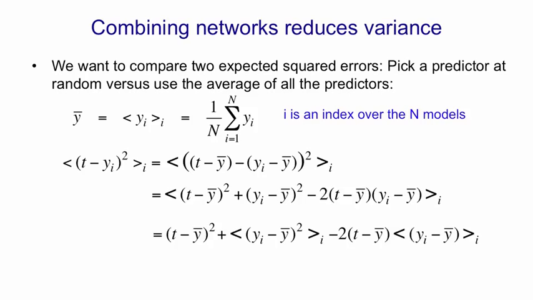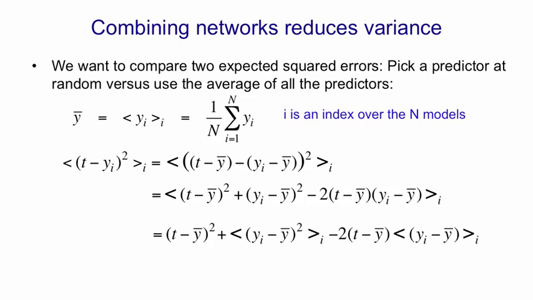That really is (t minus y bar) squared. And that's the squared error you'd get if you compared the average of the models with the target. And our aim is to show the thing on the left-hand side is bigger than that, i.e. by using that average, we've reduced the expected squared error.